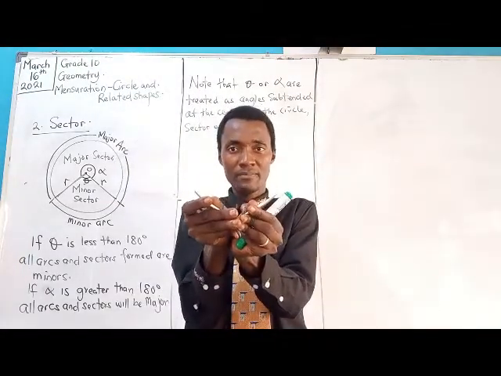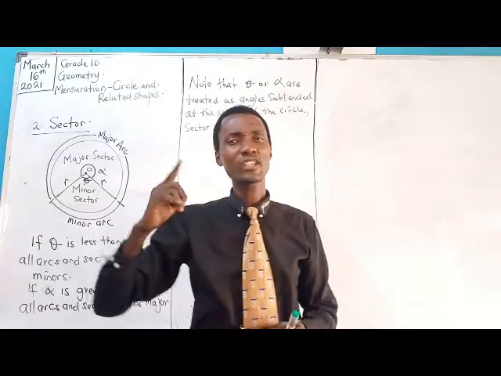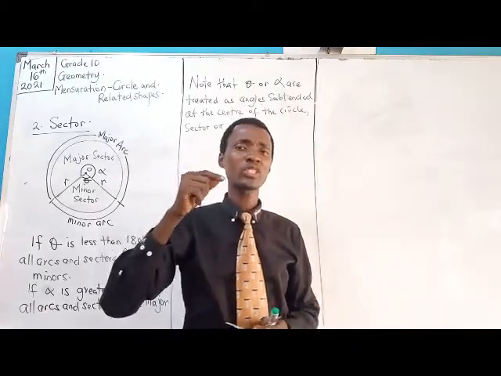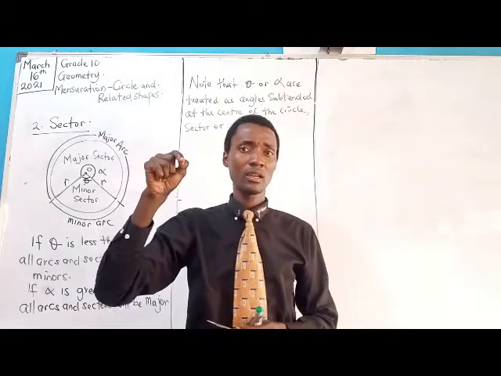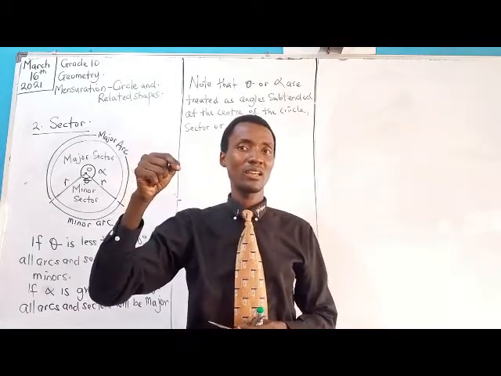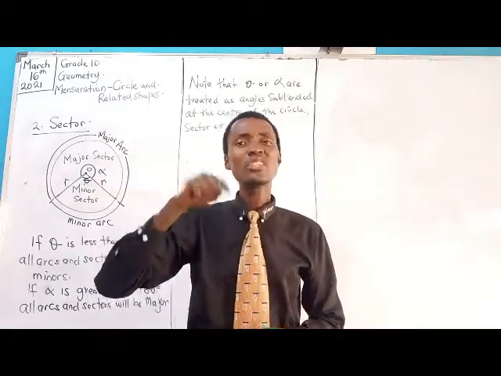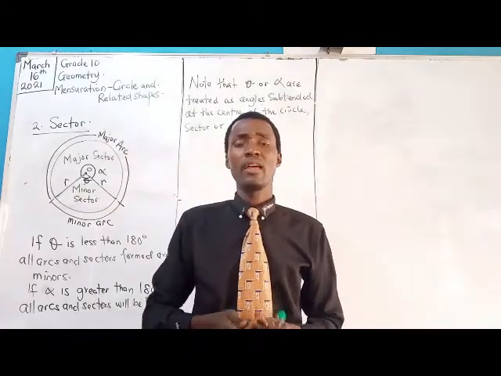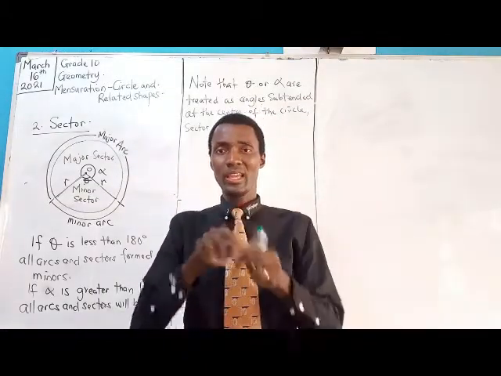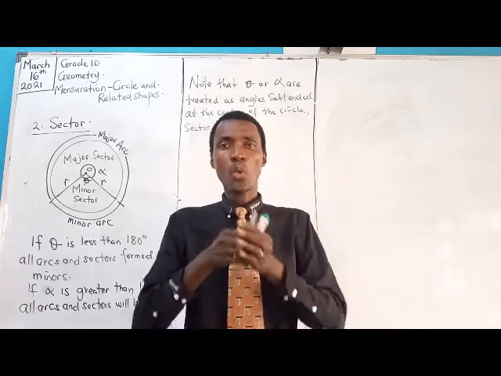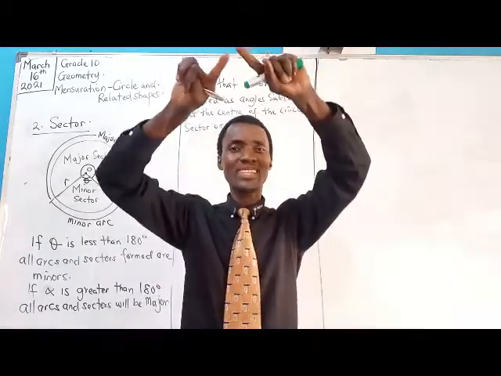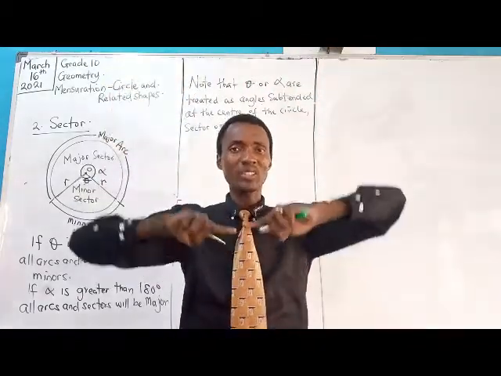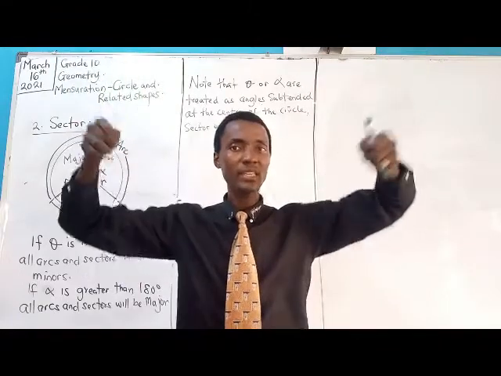As a little extension, if you remember when you were treating pie charts in statistics, you will discover that the angle formed at the center will determine the extent to which the arc you will draw or the sector you will draw would be.